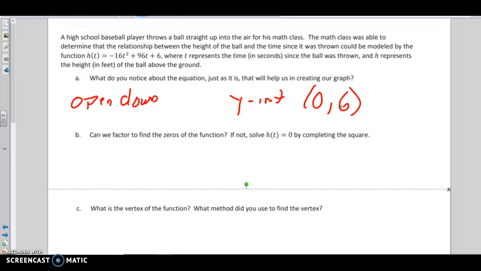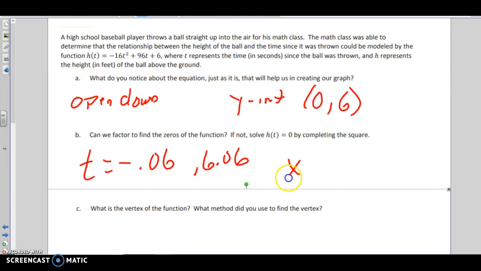And then can we factor to find the zeros of the function? The zeros are the solutions, are the x-intercepts. They're all interchangeable in terms of words. It does not factor, as we saw before. When we did all the math out, we found out that t equaled negative 0.06 and 6.06. Those are the zeros of the function where it crosses the x-axis.